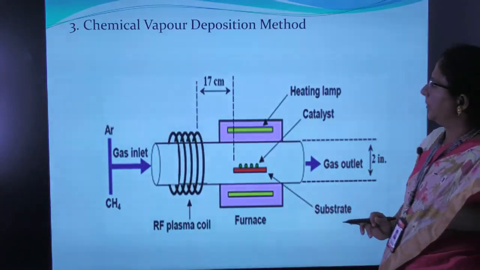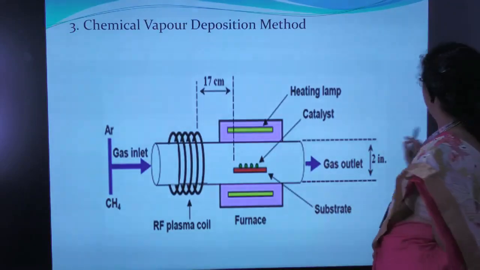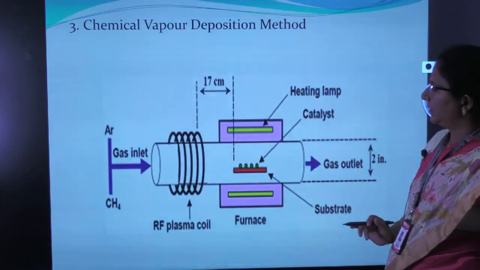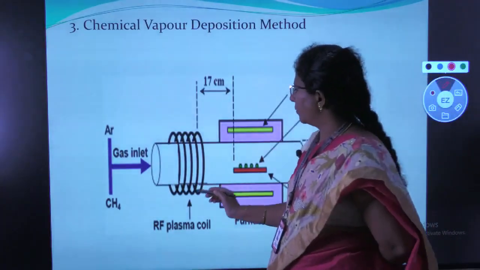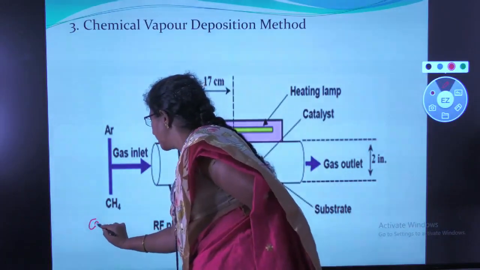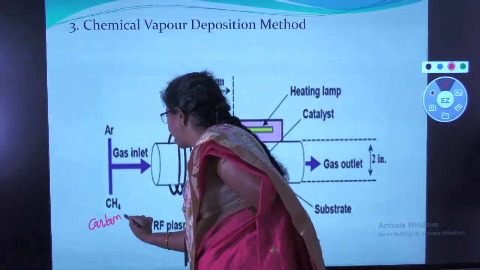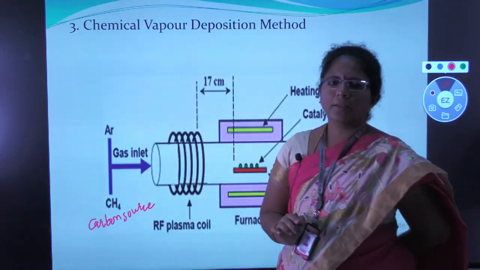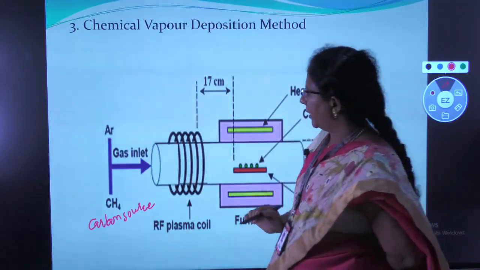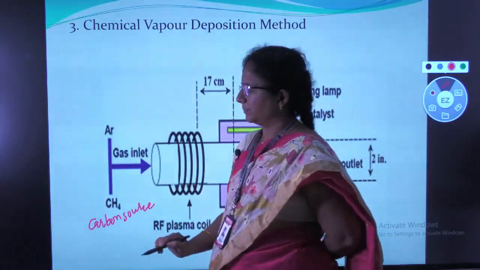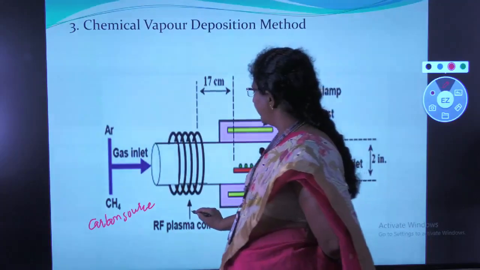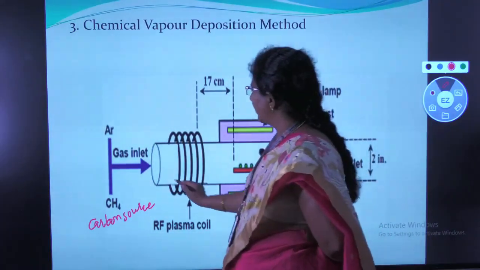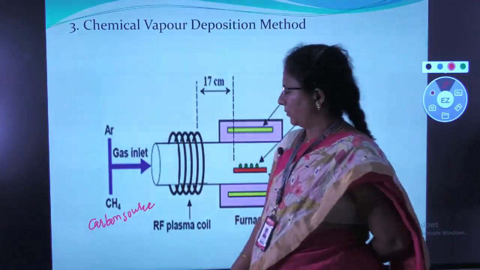Next, third method. Third one is chemical vapor deposition method. In this method, they will be taking a carbon source in gaseous phase, and a plasma source for transferring energy to this gaseous carbon source.